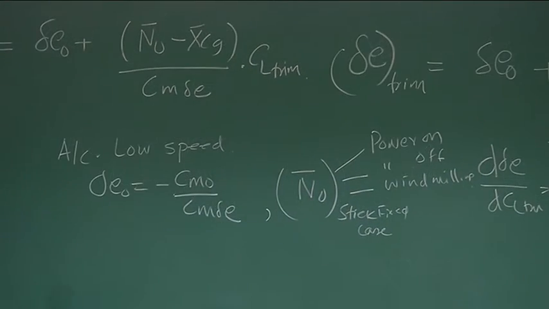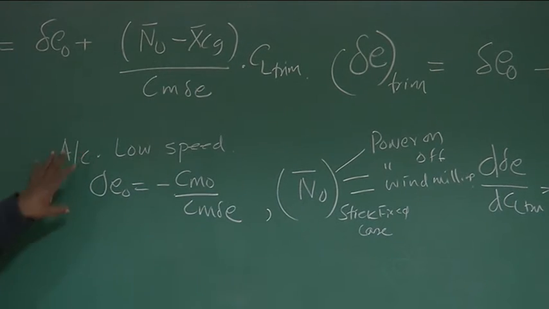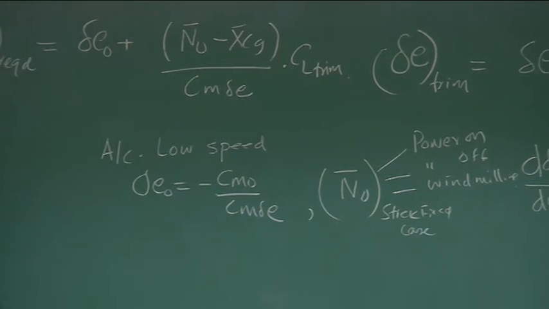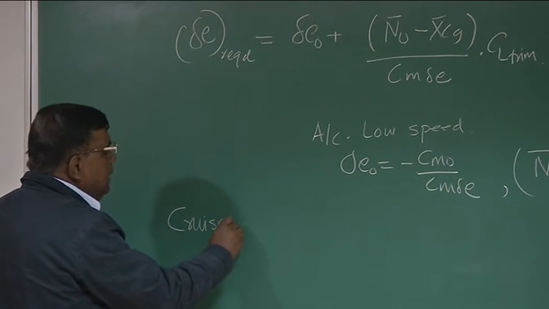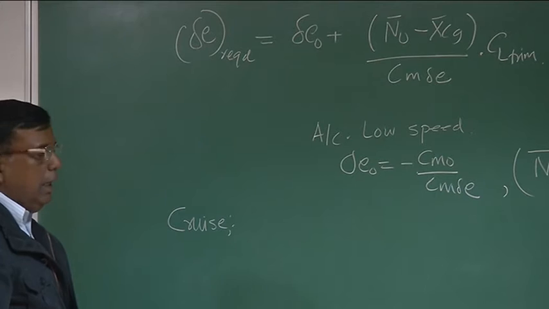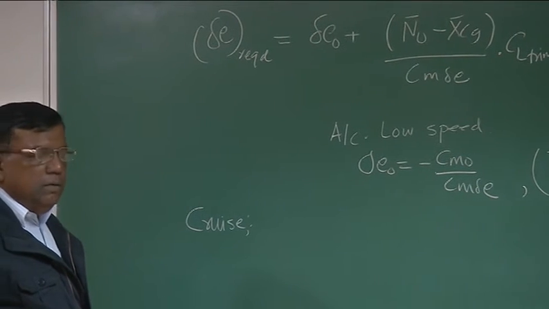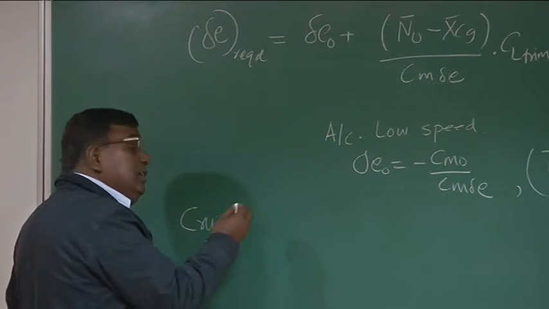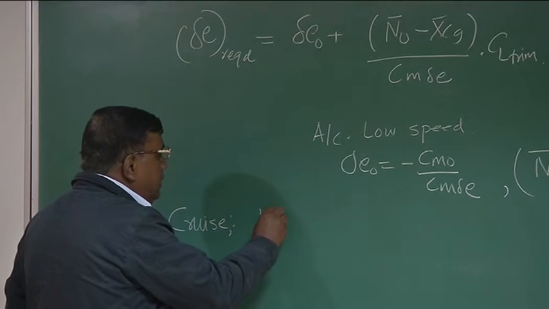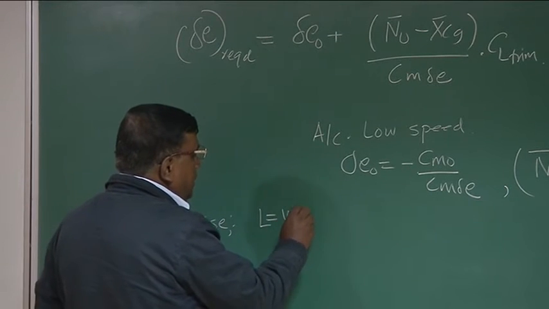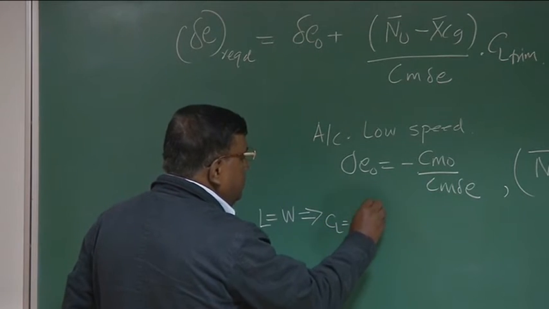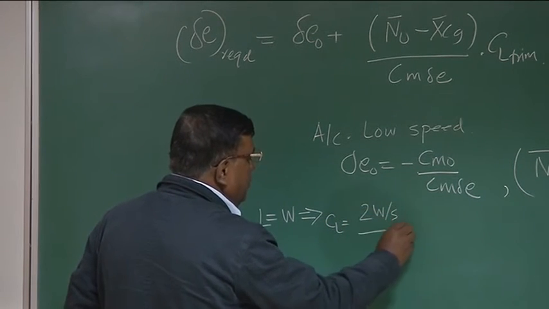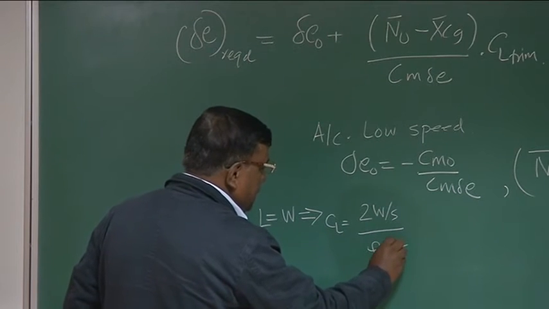Okay, so now think, if I have taken a particular aircraft and I want to find out what the delta E required is for a cruise, I'm cruising at a particular altitude where density is rho, then what is the CL required? That I find through lift equal to weight. This implies CL equals 2 W by S by rho V square.